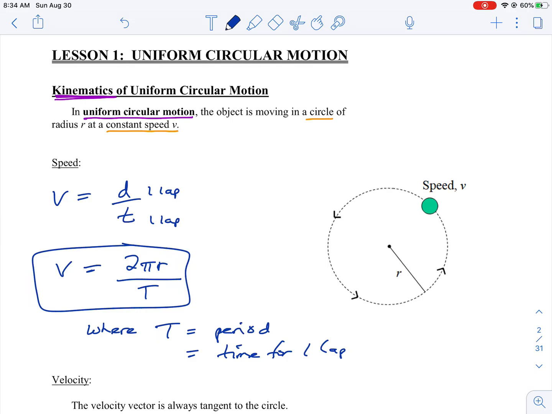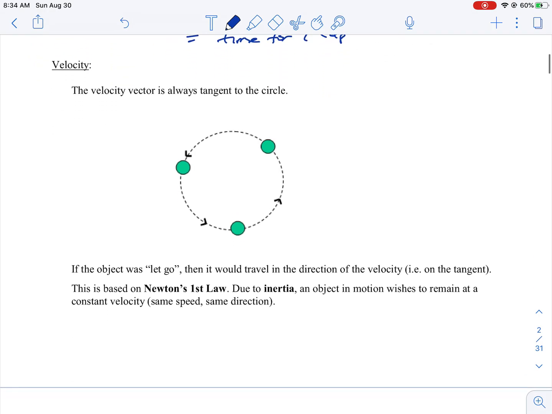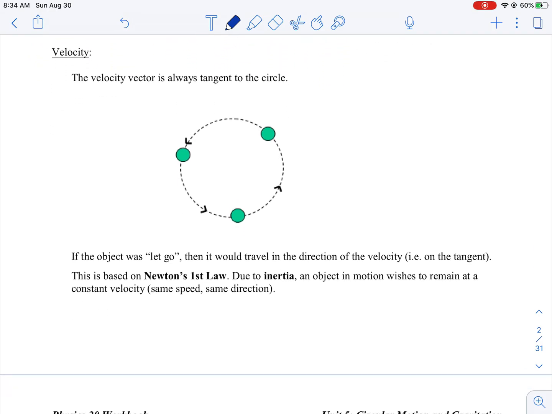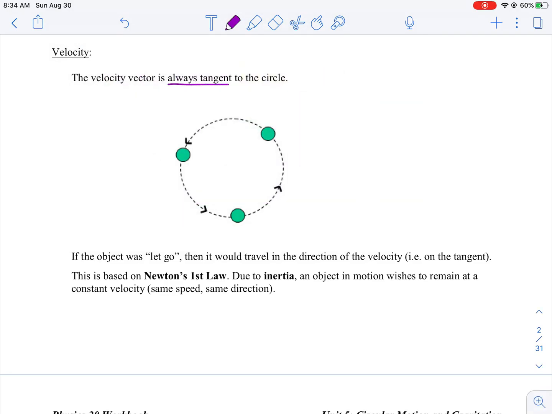Now that's speed. But what about velocity? As you know, velocity is a vector. It has direction. And the direction of a velocity vector will always be tangent to the circle. If this object is moving around in a counterclockwise direction in uniform circular motion, then at one location it's going on the tangent, and there's the velocity at one moment.